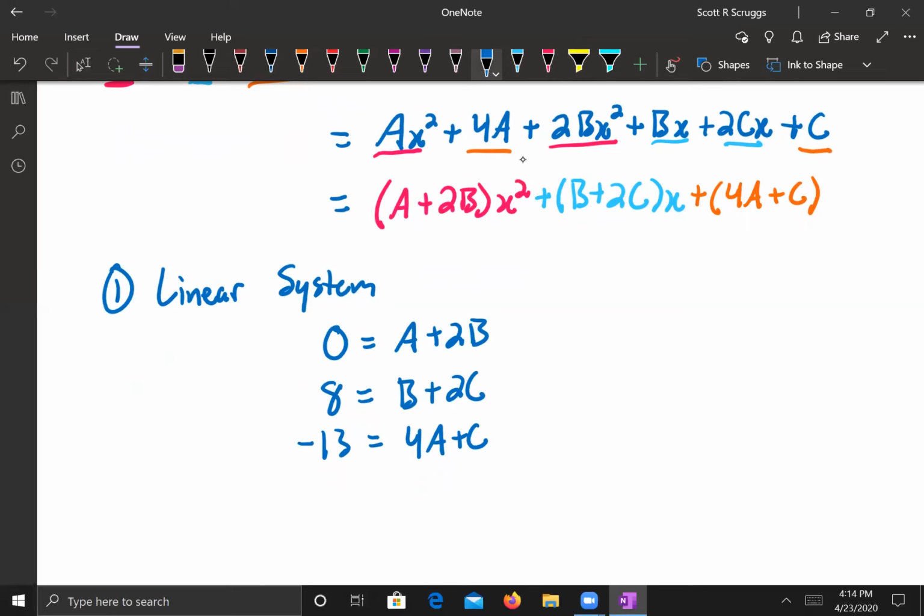So I'm going to use my tools from algebra to solve for that. And my rule of thumb for any linear system, get some load-bearing fruit. In this case, my load-bearing fruit is the first equation because I have the left-hand side 0, a plus 2b.